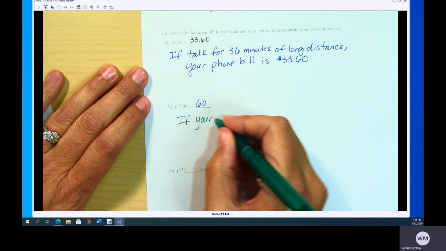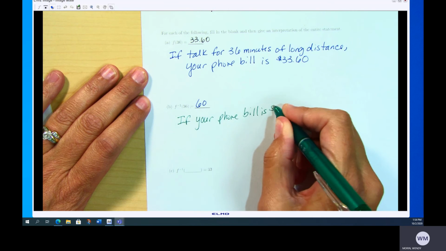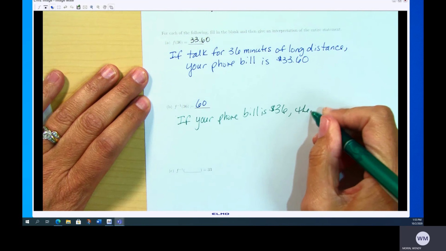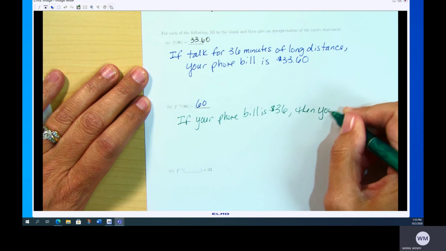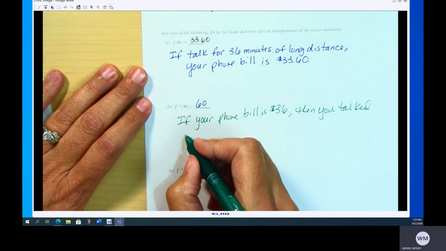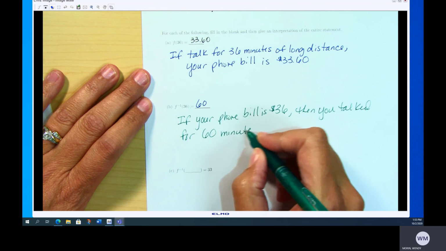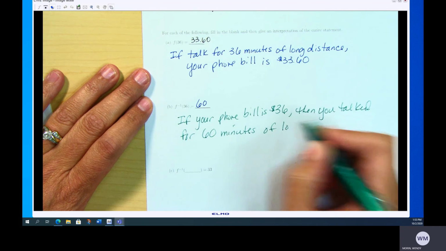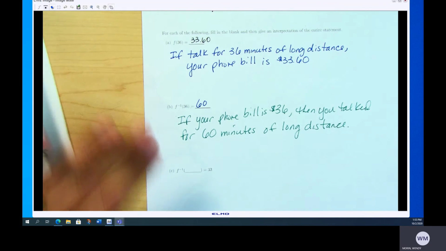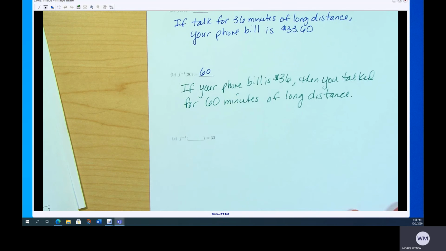It's saying if your phone bill is $36, then you talked for 60 minutes of long distance. Okay, so they're inverses of each other. Okay, you try the next one.